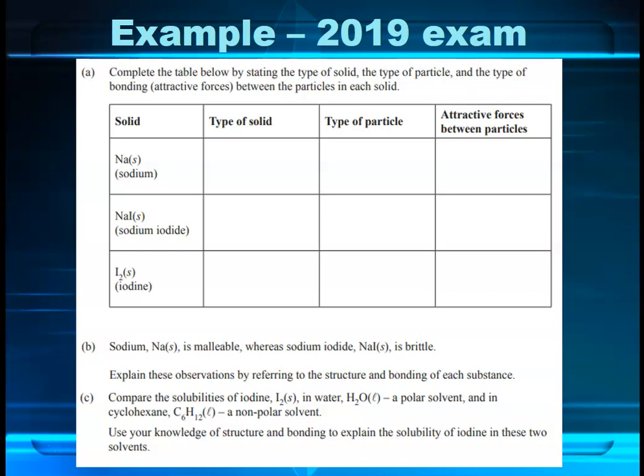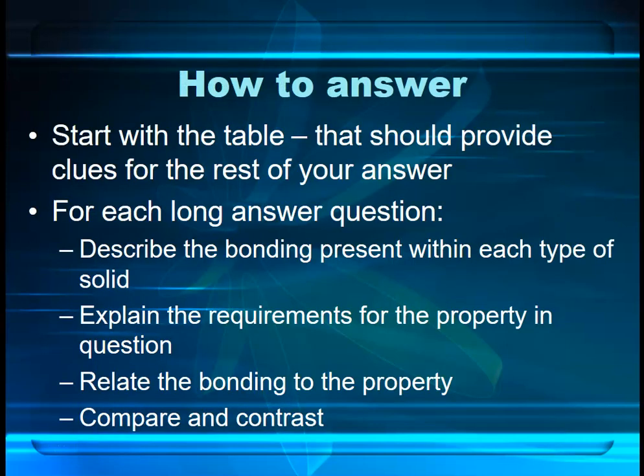So how do you go about answering a question like this? Well, the first thing you need to do is you need to be able to answer the table, because actually that gives you a whole bunch of clues that will help you develop the rest of your answer. And then for each of the long answer questions, what you really want to do is start off by stating what type and describing the bonding present within the molecule or compound or substance of whatever type it is.